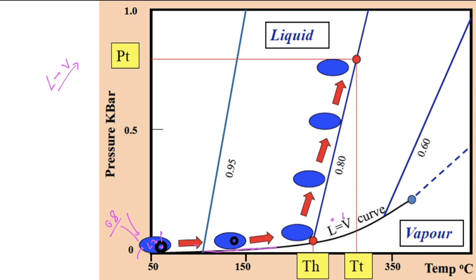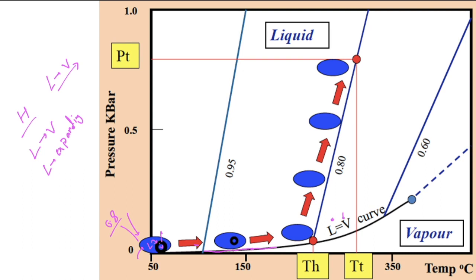As I have told you earlier, when you are heating anything, liquid is converting to vapor, but simultaneously the liquid is also expanding. Try to understand this now. If the liquid is also expanding, this vapor will have less area or less volume available, right?